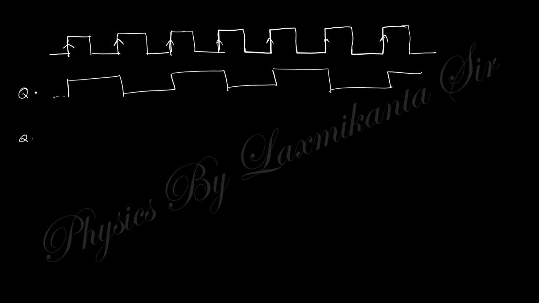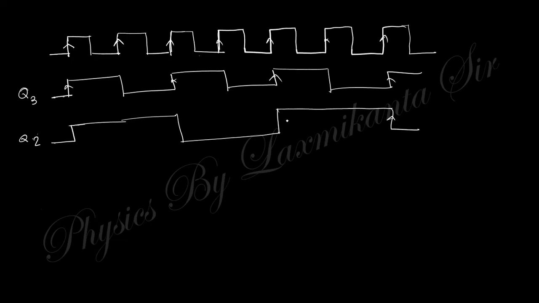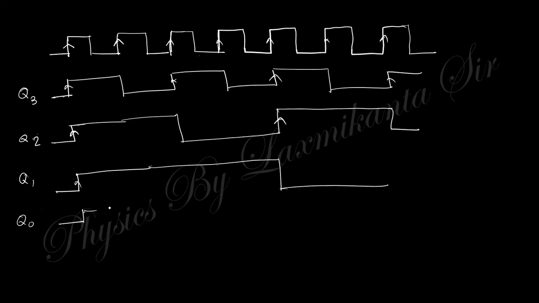Actually, this is Q3, this is Q2. So this is triggered here, then triggered here, and here, and here. Now for Q1, with positive triggering, it is triggered here, then here, and Q0 is triggered here.